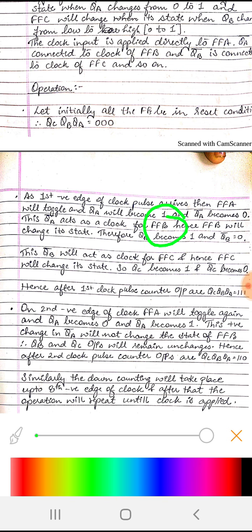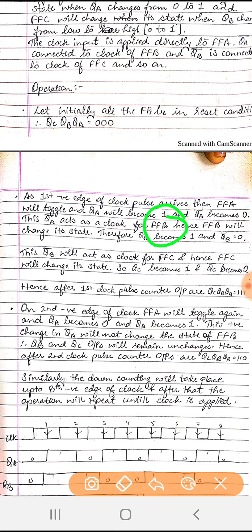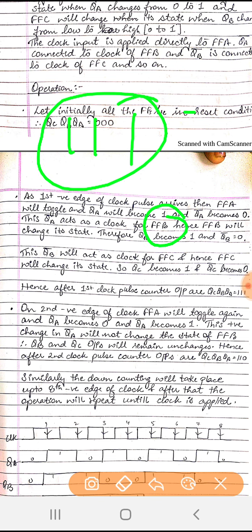So similarly, what would happen at the first negative edge? What would we get? At the first negative edge we get 1 1 1. So it will start from 7, as all the outputs QA, QB and QC become 1. And on the second negative edge, what would happen?